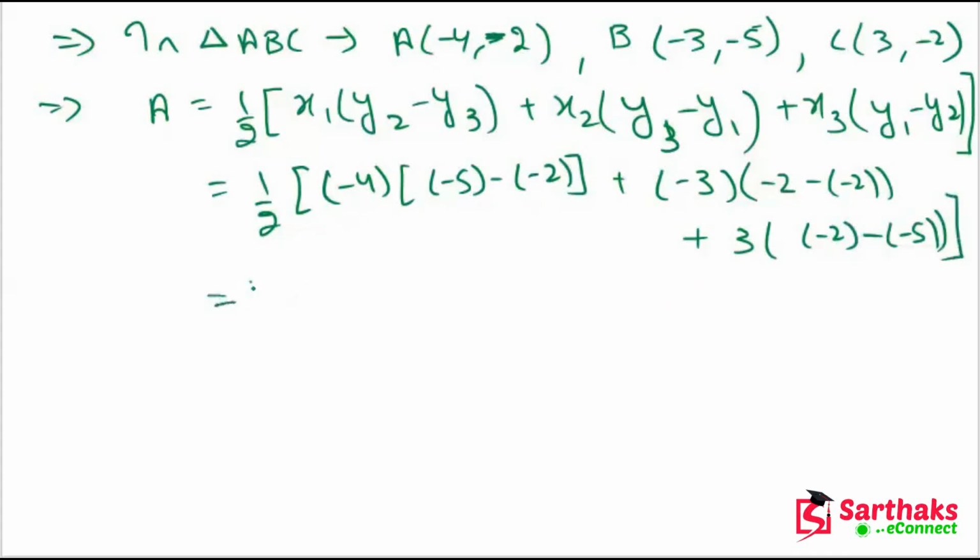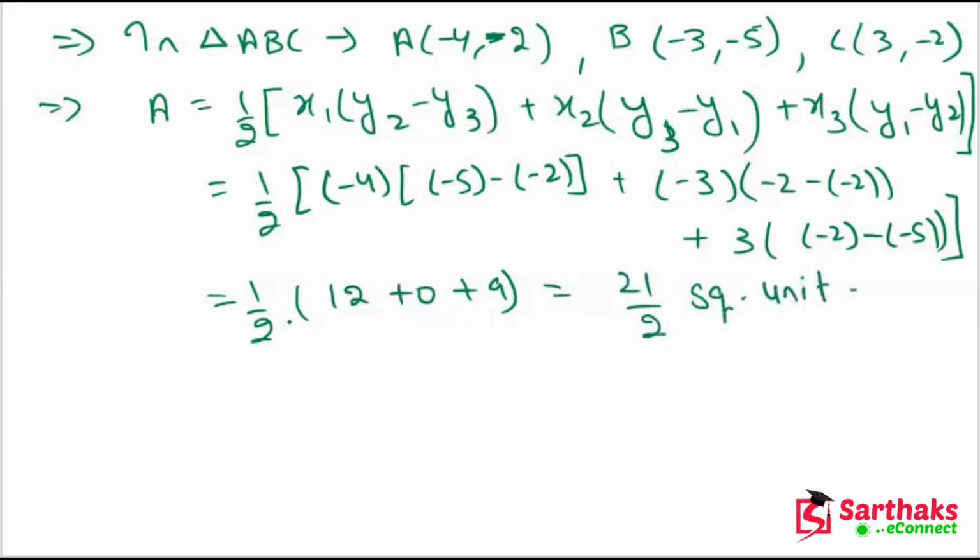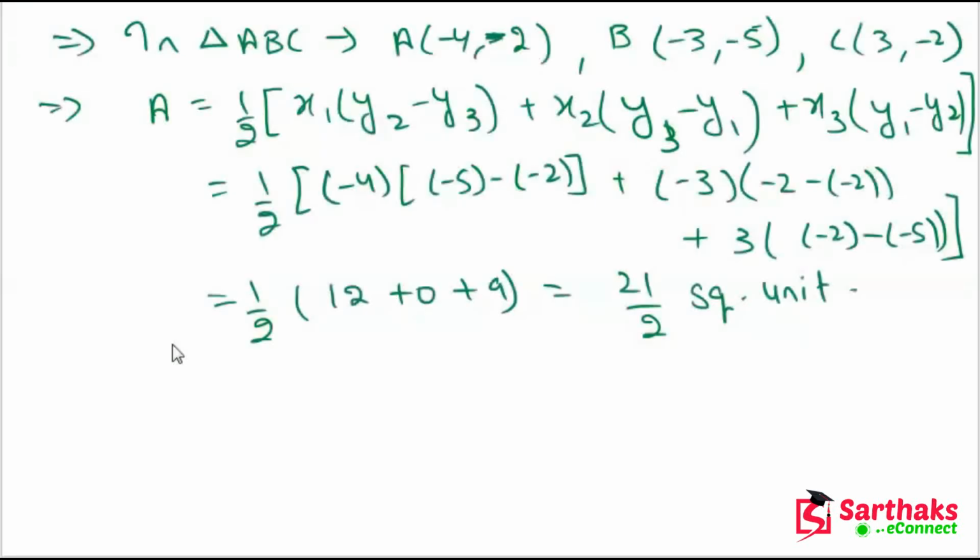After solving this we get 1/2 into (12 + 0 + 9), so we get 21/2 square unit. So this is the area of triangle ABC.